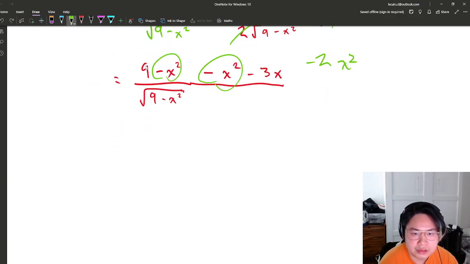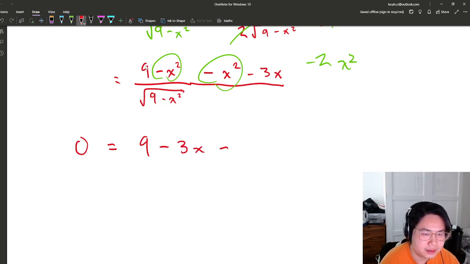Okay, so now we set our derivative to 0. And then if you're solving some sort of fractional, rational type thing, we basically just solve for the numerator being 0. And then I don't like having a leading coefficient be negative.